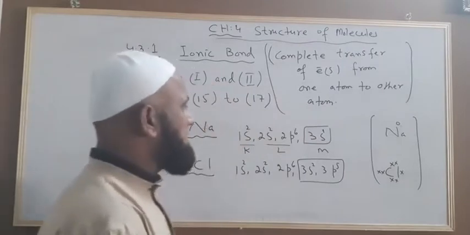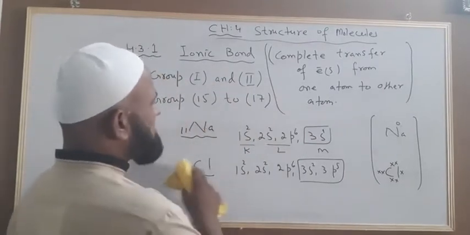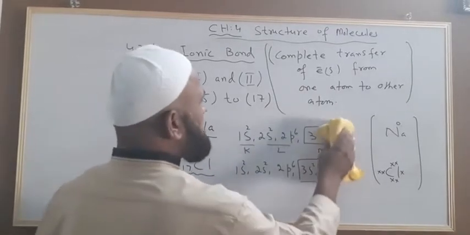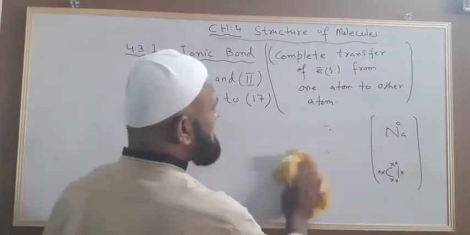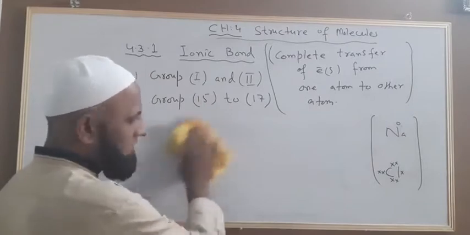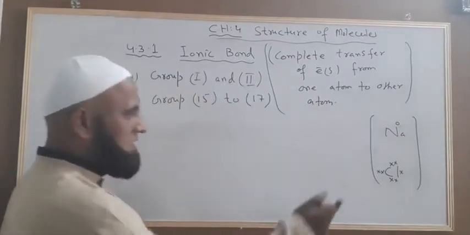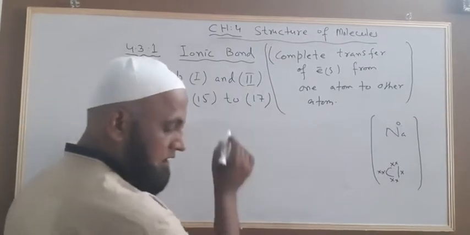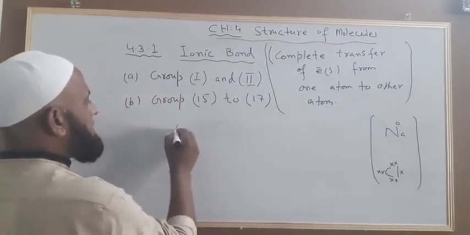Now let's see what will happen with sodium. As it's clear that sodium cannot gain 7 electrons, it would easily lose 1 electron, and thus it will change its electronic configuration.